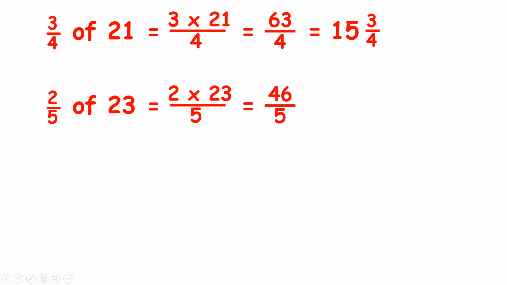So 2 times 23 is 46, and 46 divided by 5 is 9 remainder 1. But rather than writing 9 remainder 1, I'm going to write 9 1/5. So my remainder is my numerator, and the denominator stays the same.